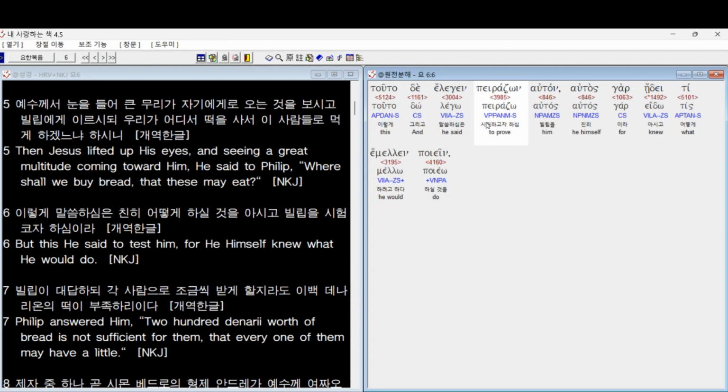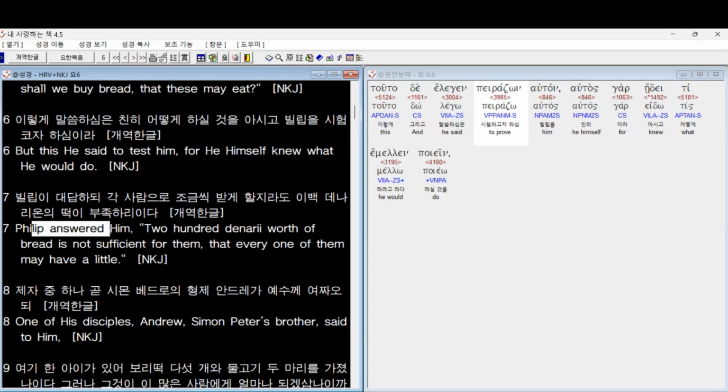Peirazon, which is a present participle, means testing. So he wants to test Philip, to see how he understands the sign that he is about to show.